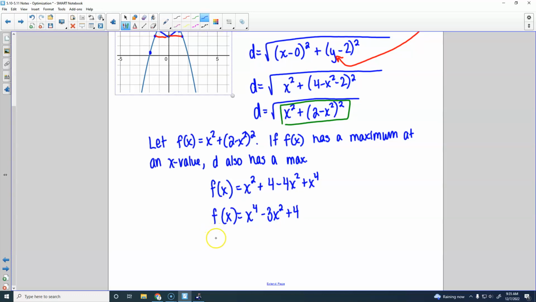So this is a simple derivative now. It's just going to be 4x cubed minus 6x. We want to see where that equals 0. So you can factor that: 2x times 2x squared minus 3.